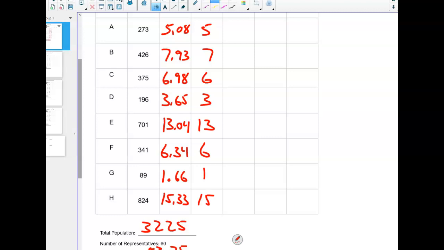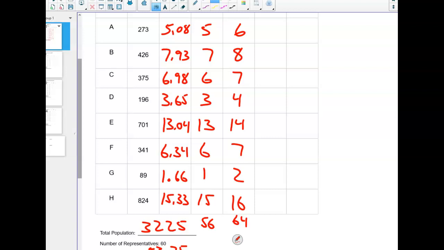My upper quota is adding 1 to each of them. 6, 8, 7, 4, 14, 7, 2, and 16. And if I were to add the columns down, I get 56 and 64. And there should be a difference of 8. There's 8 groups on this chart.